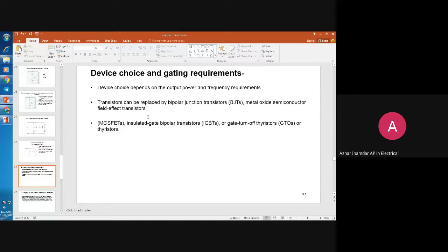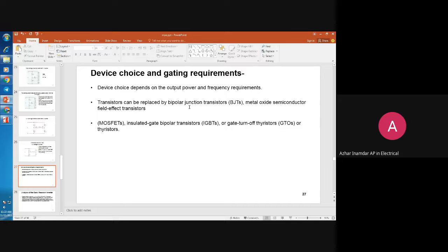Thyristors in a general way have higher voltage and current ratings than the transistor. So a thyristor can operate at higher frequencies than the transistor. The thyristors which we are using require only a pulse gating signal to turn on, and they are turned off naturally at the end of the half cycle oscillation.